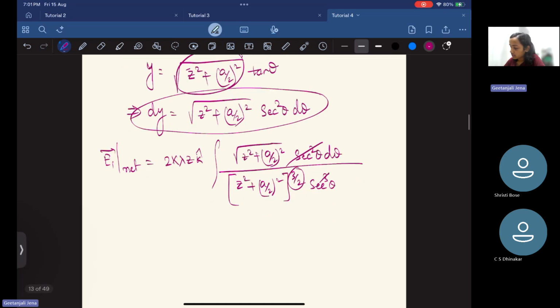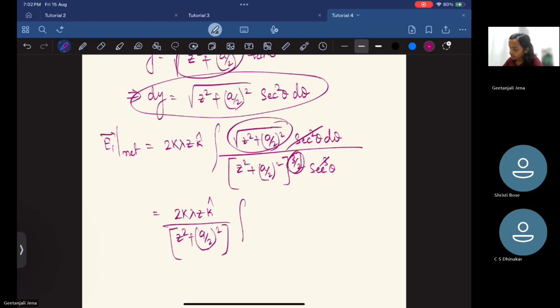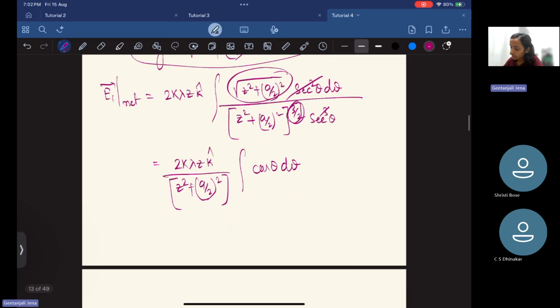So this will cancel. You have now 2k lambda z k cap. So this is half and this is 3 by 2. So we will get z square plus a by 2 square, and there is a cos theta term. Cos theta integration will give a sin theta, right?